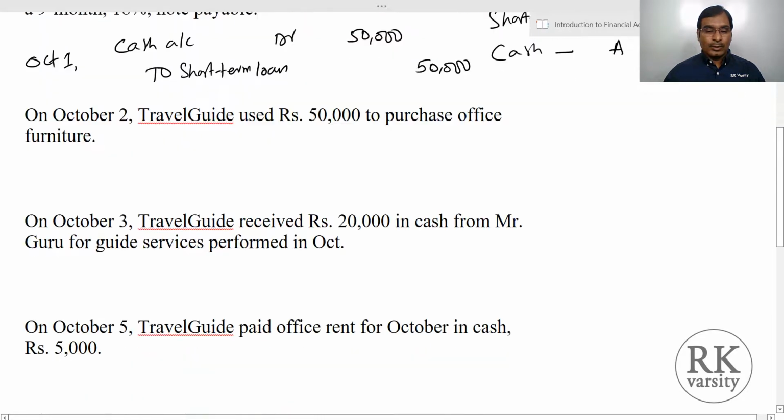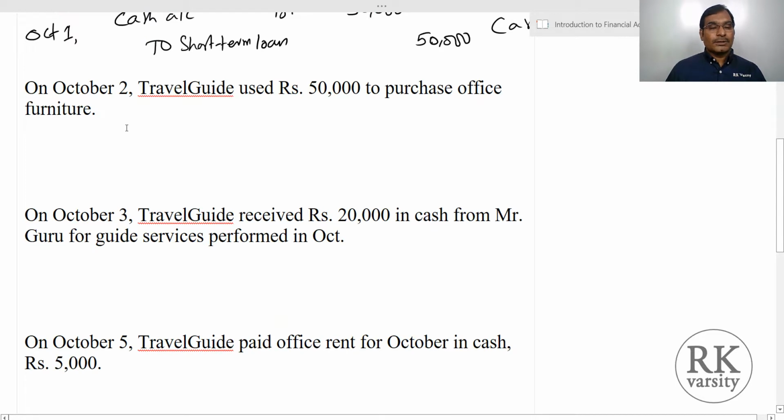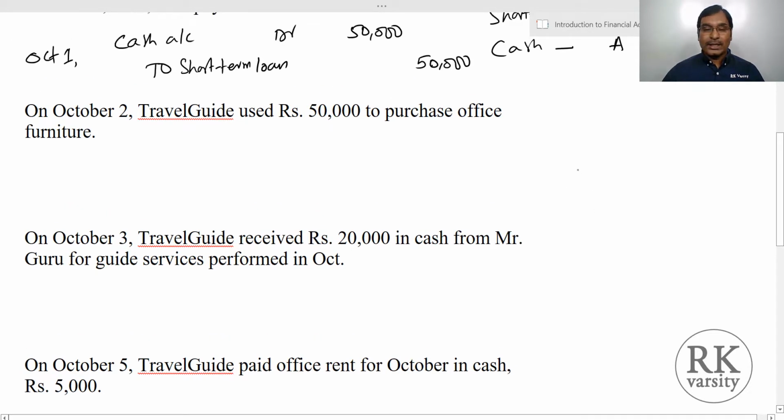Now we look at the other transaction here. On October 2nd, Travel Guide used rupees 50,000 to purchase office furniture. So here one is your furniture and the second one is cash.